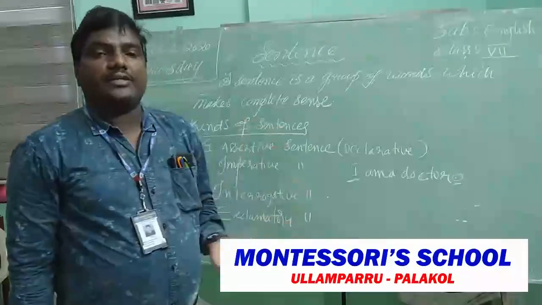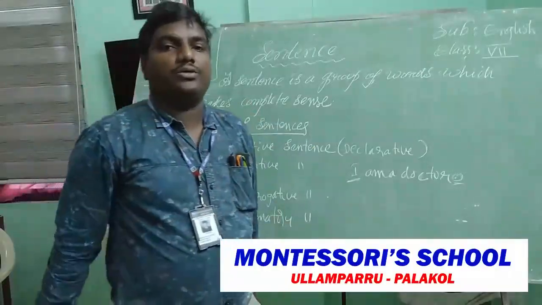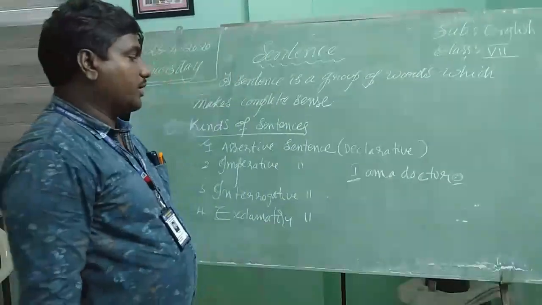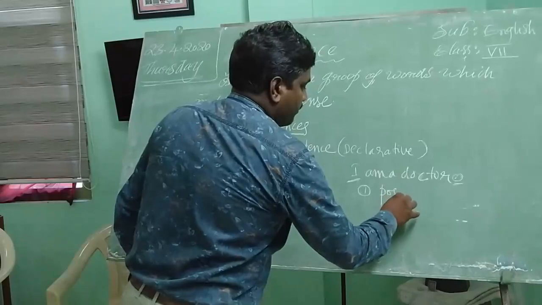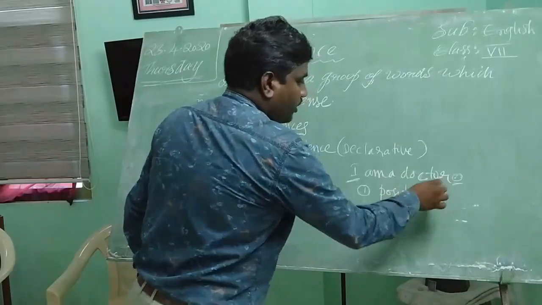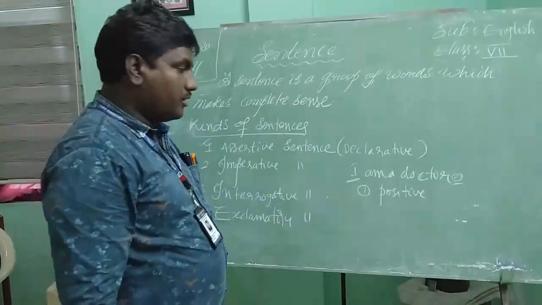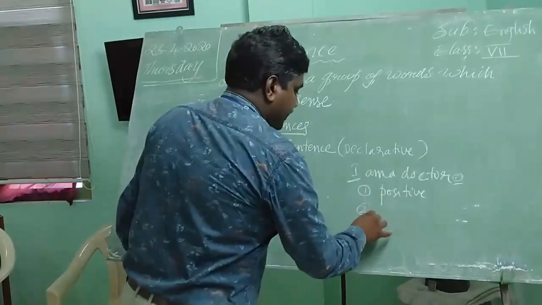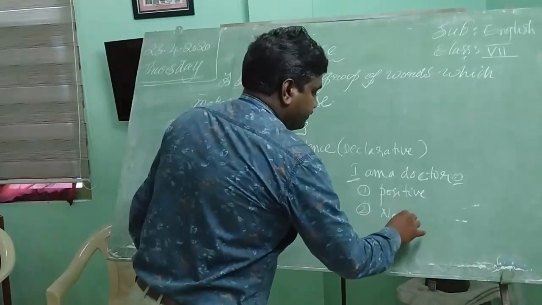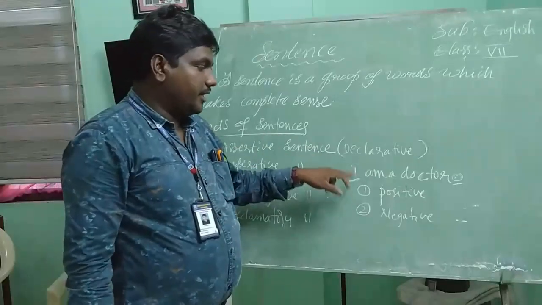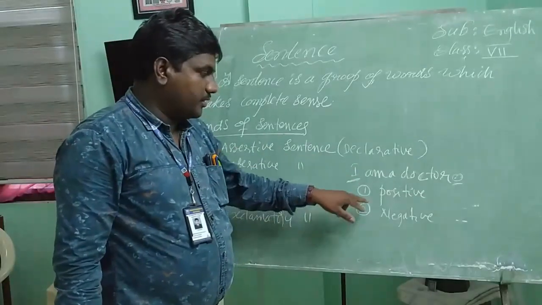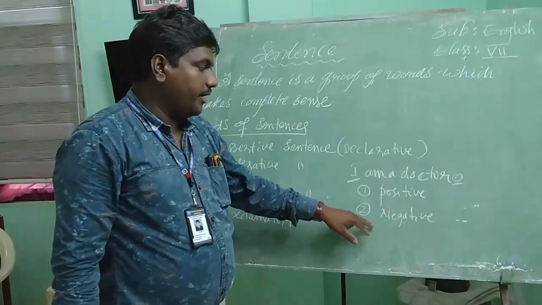Again, an assertive sentence can be divided into 2 types. What are they? Number 1, positive or affirmative. Second one, negative. An assertive sentence can be subdivided into 2 types, positive and negative.